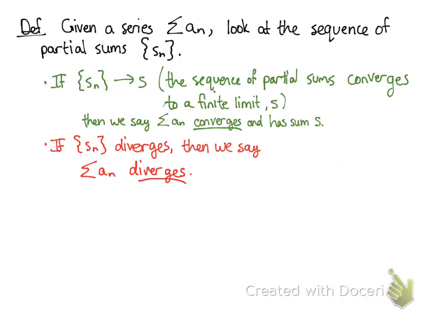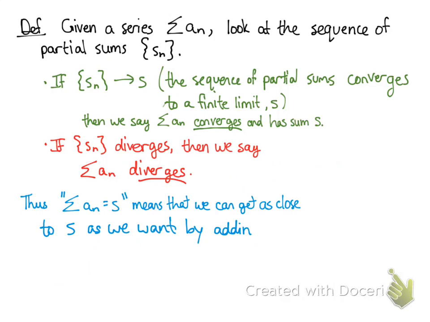That means adding up those numbers forever won't give you a finite answer. Right? So if the sequence of partial sums converges to a finite number, adding up the series forever gives you that finite answer, and the series converges. Otherwise, the series diverges.